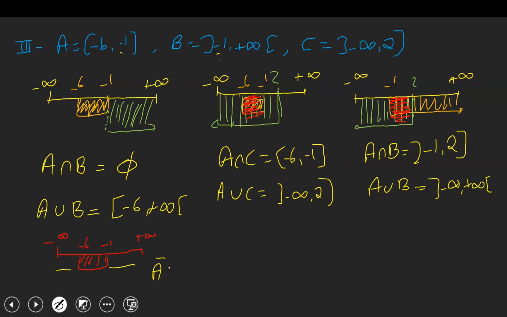So we say A bar is from -infinity to -6. Since -6 is closed here, it becomes open. Union, the second interval is from -1 to +infinity. This is A bar.